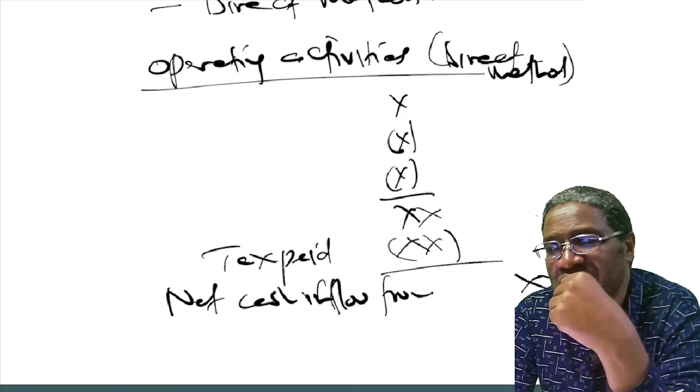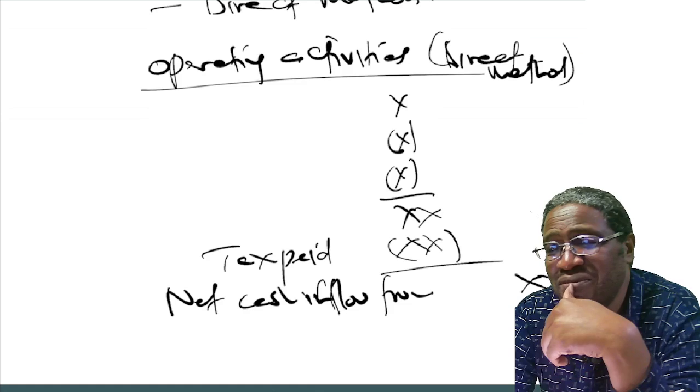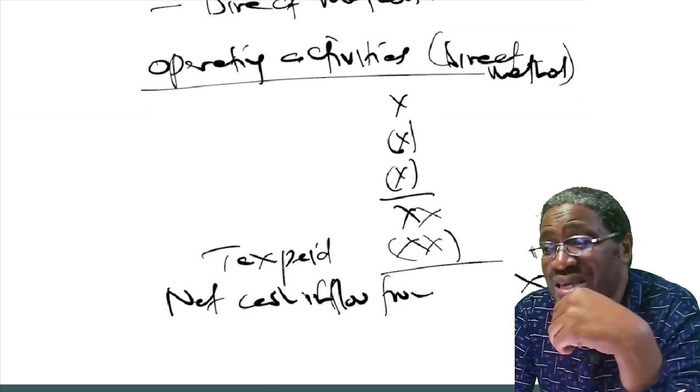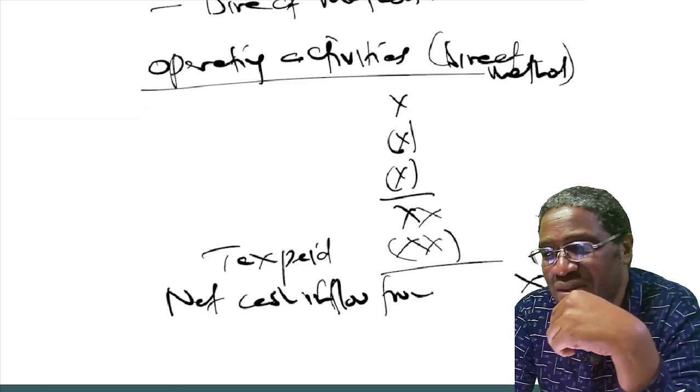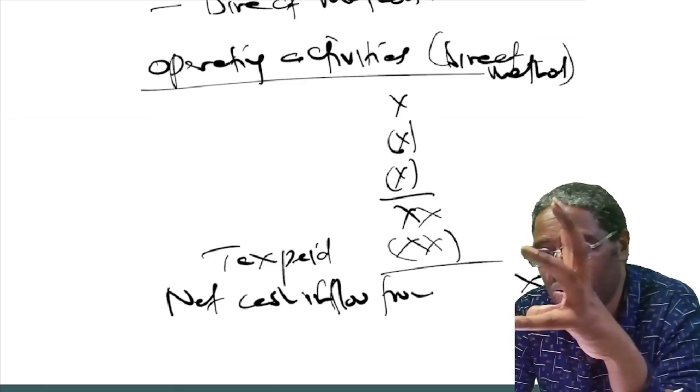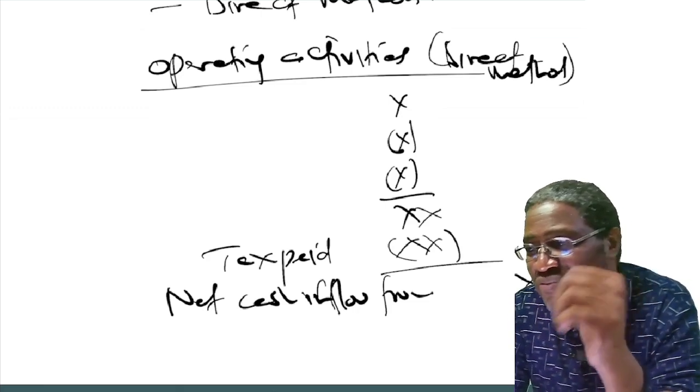Any amount you can remember among the 3. Operating profit? No. This time you don't start with operating profit. No. Finance cost? No.